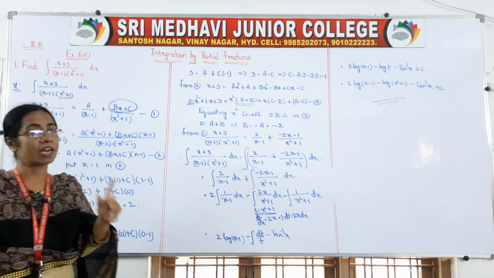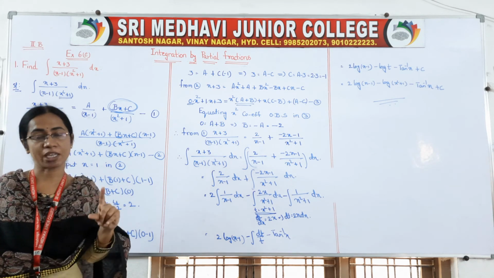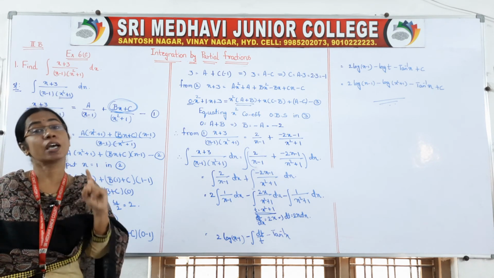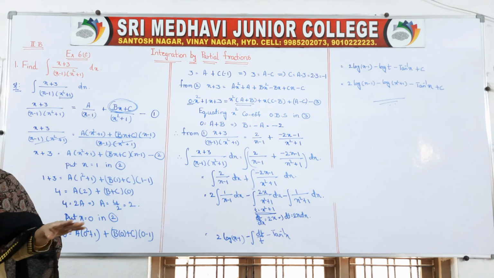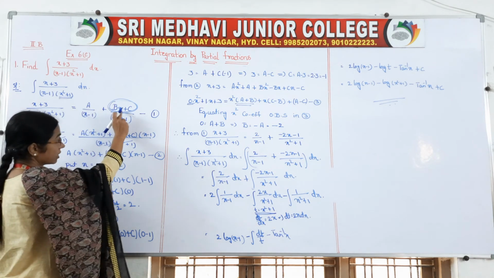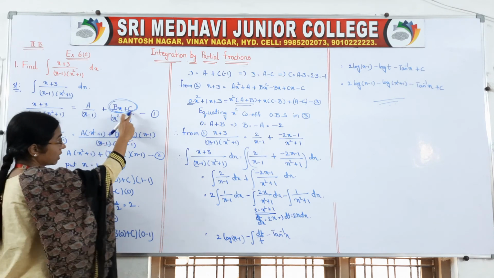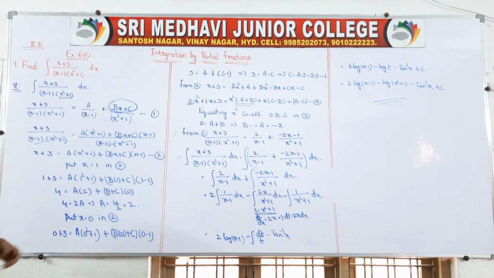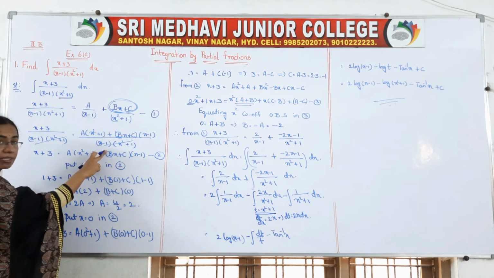Given that one factor is irreducible, it cannot be reduced into linear factors. Whenever it is like that, in its place we have to take bx plus c by x square plus 1. Then you take the LCM and cancel them.